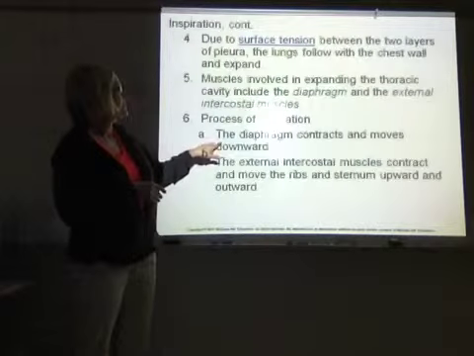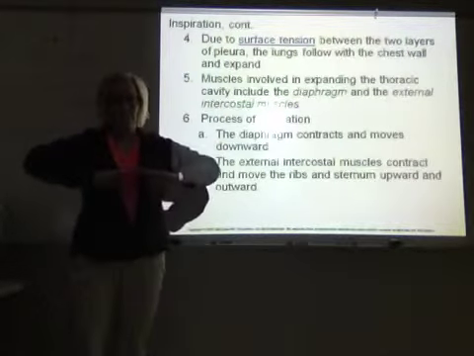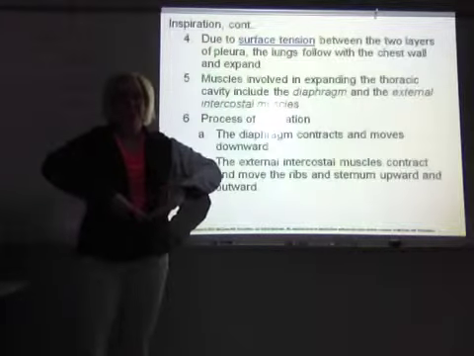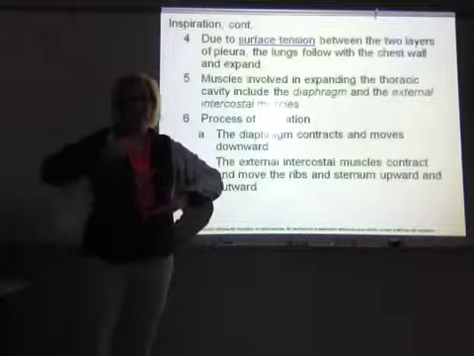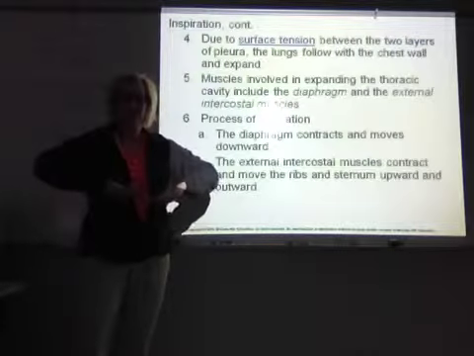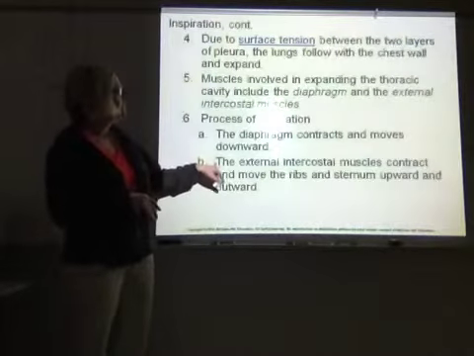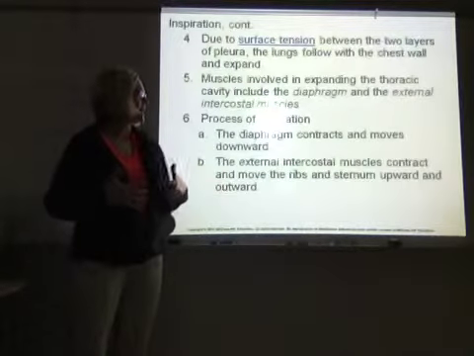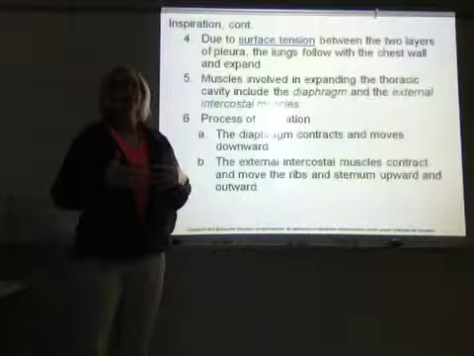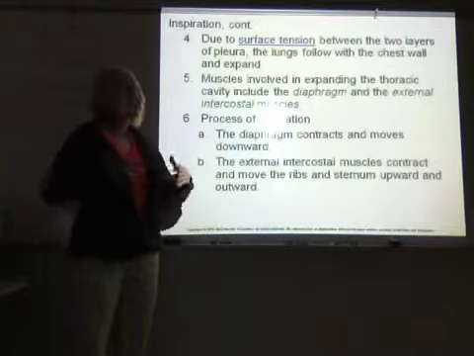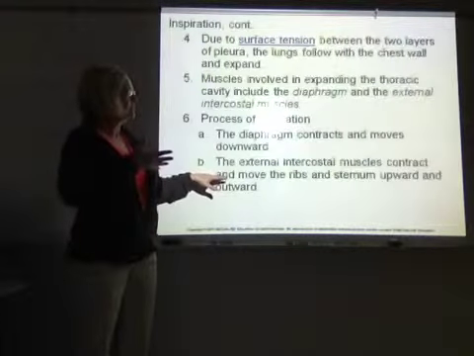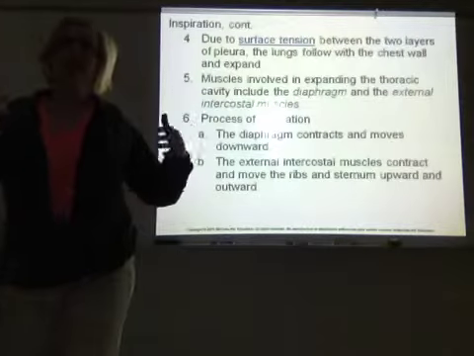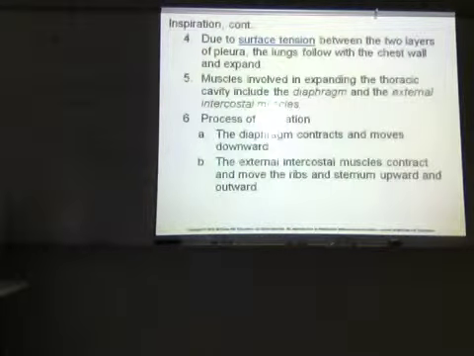In inspiration, the diaphragm contracts and moves down. If my diaphragm moves down, again, it's giving more area in my thoracic cavity. The external intercostal muscles contract. That moves the ribs and sternum upward, and you can feel that when you breathe. It moves the ribs and sternum upward and outward, also creating larger area.